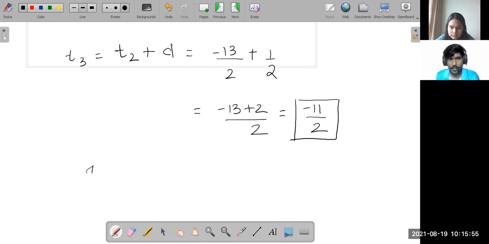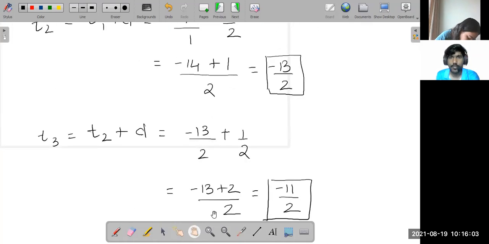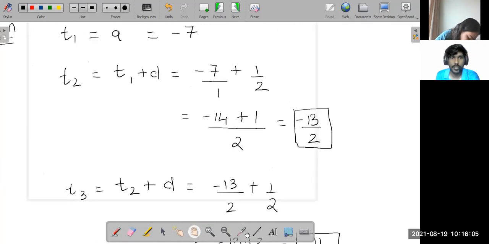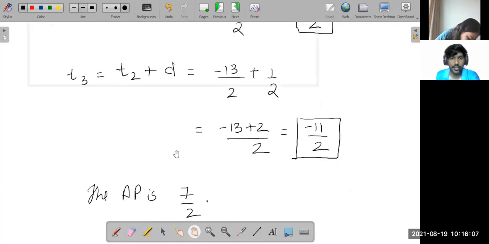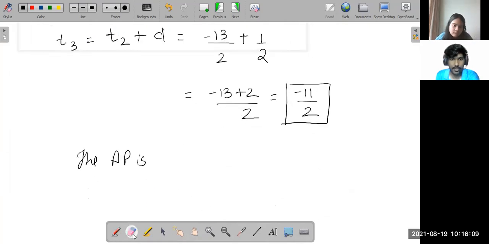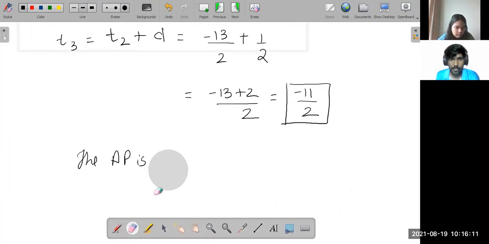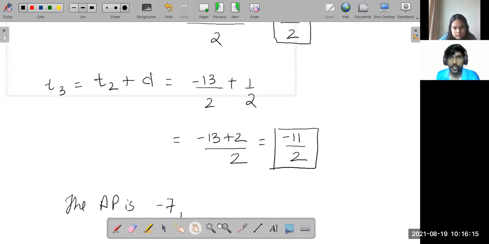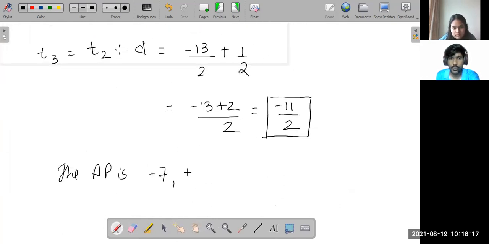Doesn't matter. So the AP is: first term is minus 7. Second term is minus 13 upon 2.